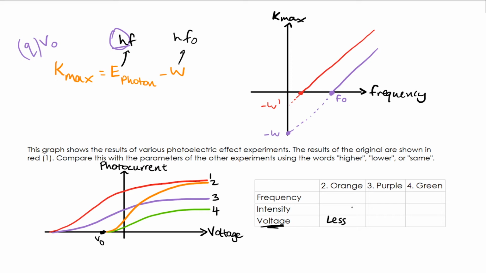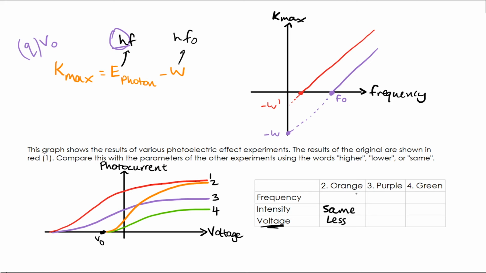Remember, the intensity is directly proportional to the current. Because light is behaving as a particle, there's a one-to-one correspondence of photons coming in with electrons going out. So I'm going to write that the intensity here is the same because the number of photons coming in must be the same if the photocurrent's the same.